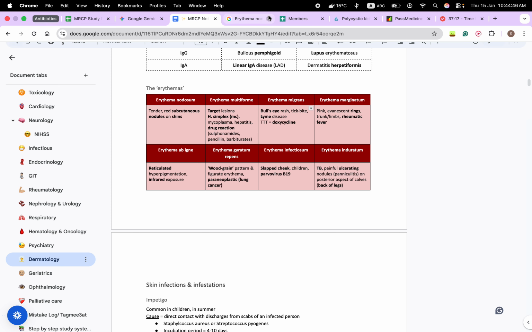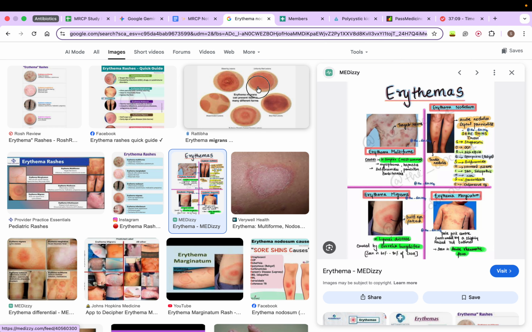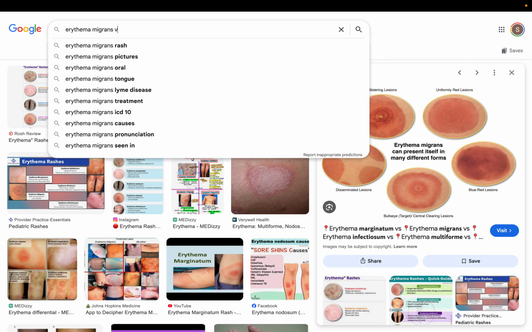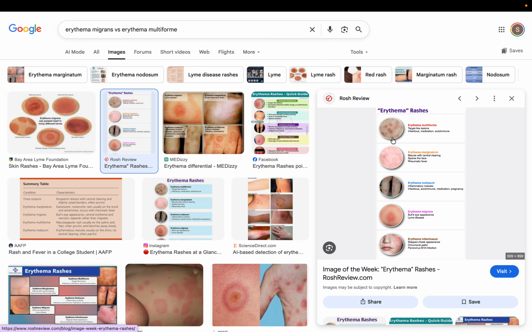Okay, now erythema migrans. Why does it look like a target lesion? It just looks so similar. Erythema migrans versus erythema multiforme. Okay, so multiforme is a target-like lesion. Migrans is a bull's-eye appearance.